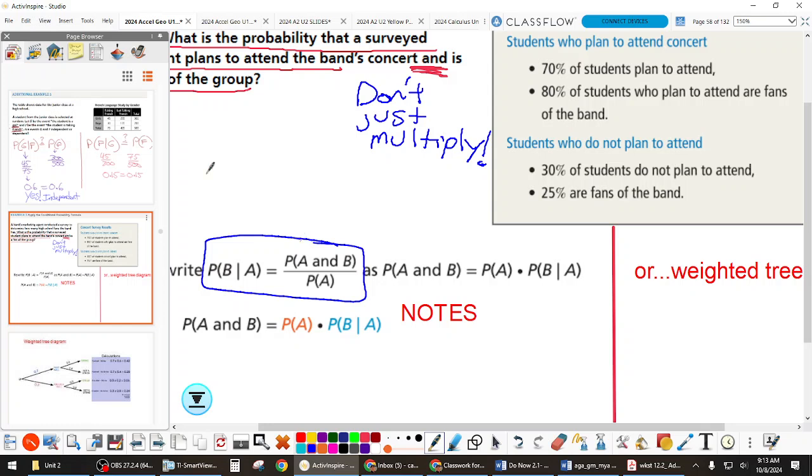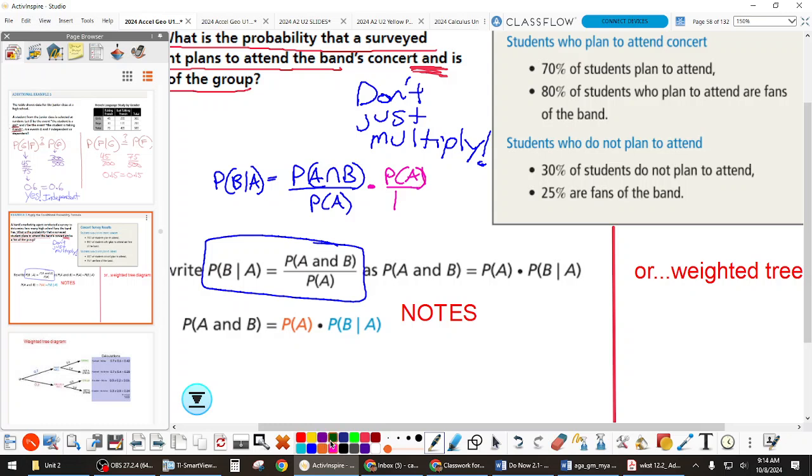Okay? So here's what I'm saying that we did. If we want to solve for any one of those 3 things, we can manipulate this around pretty much any way we want. So if I multiply by probability of A over 1, what happens to those?